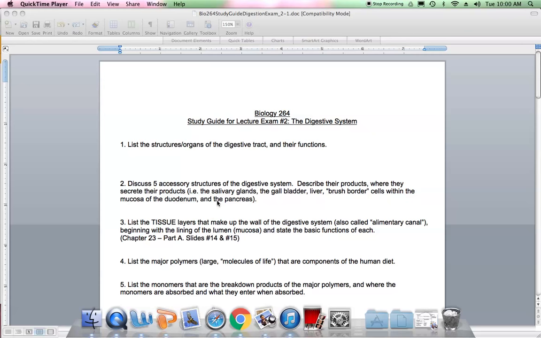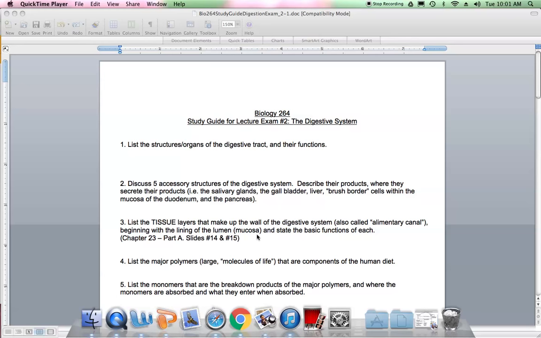And of course, throughout the digestive tract, the cells in the mucosa are going to vary somewhat. From the mucosa, deep to that is the submucosa, which provides an attachment or support for the cells of the mucosa. And then we have the muscularis externa, which is the main layer of muscle that is surrounding the organs of the digestive tract. And of course, this is what allows peristalsis and segmentation.